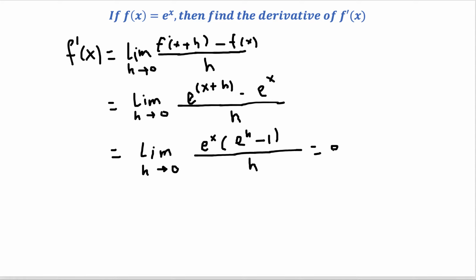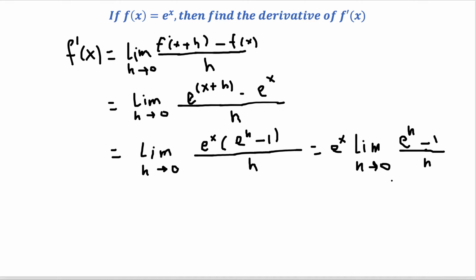E to the x goes in front of the limit because it doesn't depend on h in this limit. Limit h goes to 0, and here we have e to the h minus 1 over h.